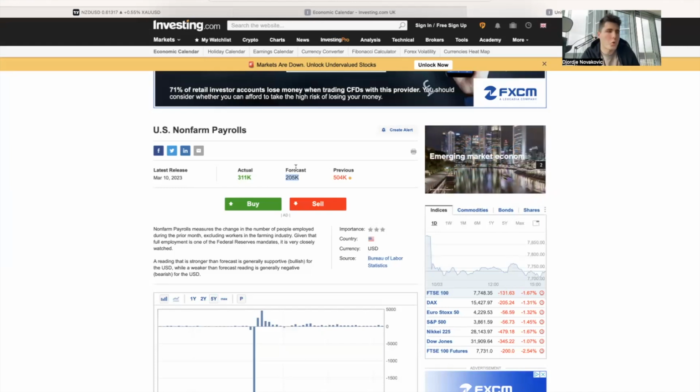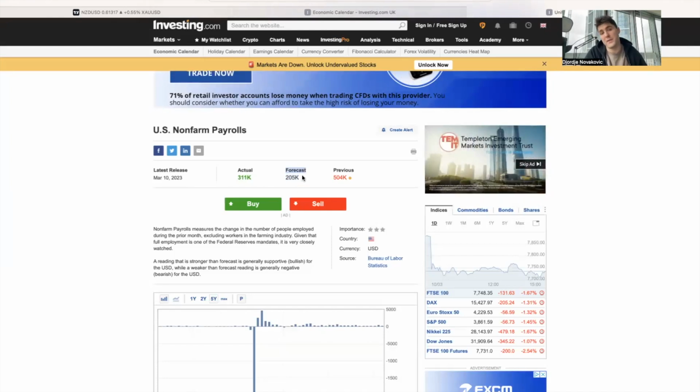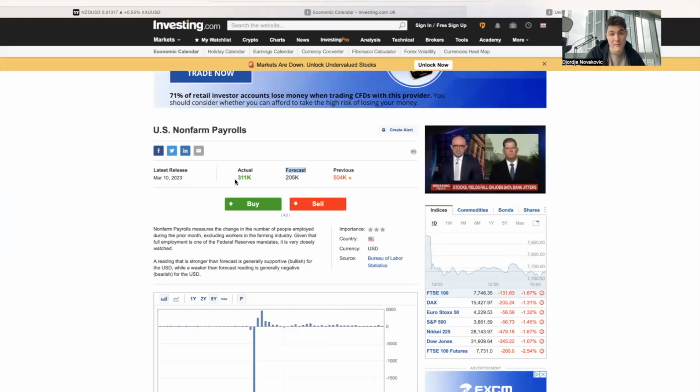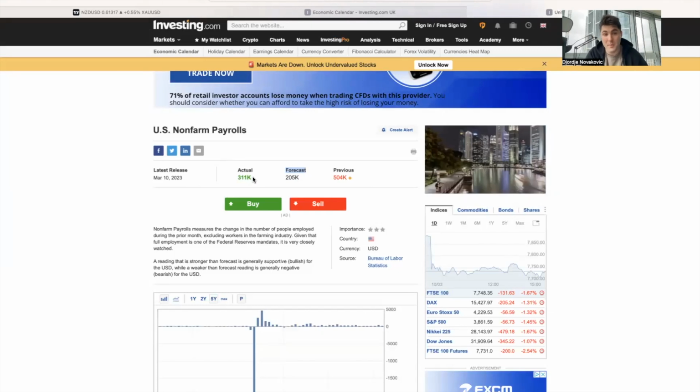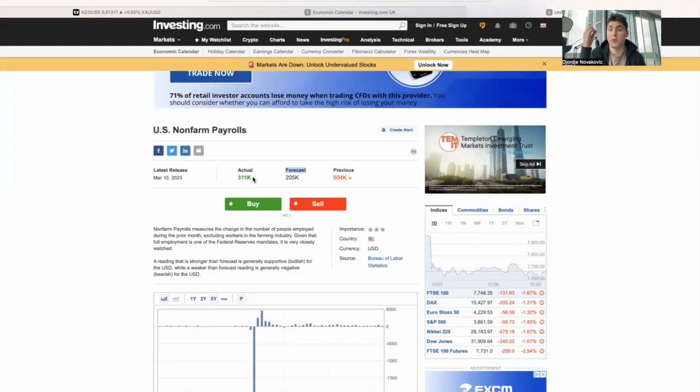It might be seen as good news or a normal release, no big impact. But when the forecast is 205,000 jobs and the actual number is way above, about 50% up, it means the economy is performing well. And if the economy is performing well, it's good news for the currency, and it means the currency is getting stronger.